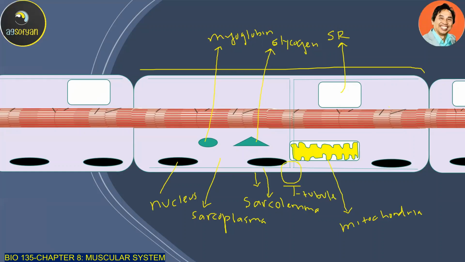Okay, and of course there is a fiber, a long fiber. Its boundary over here is from this Z structure to another Z structure. This is one unit. It's called the sarcomere.